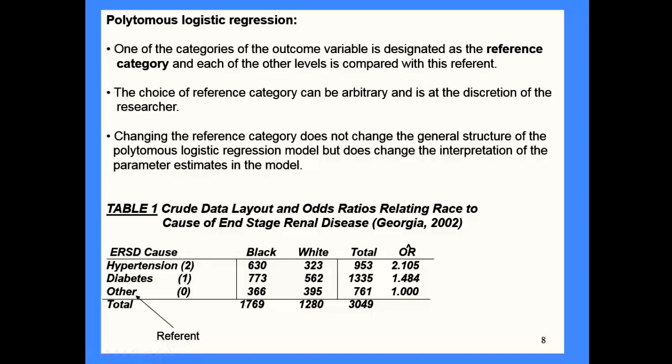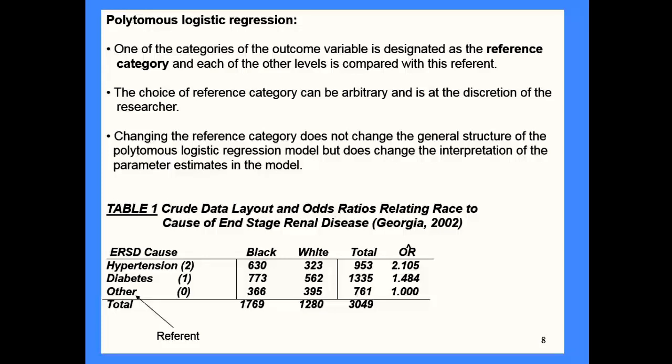So instead of one odds ratio as in the crude 2x2 table, you now have two, because you have a reference group and more than two categories. If you had 5 categories, how many odds ratios would you get comparing to the reference group? 4, right? You always get one less than the number of outcome categories.